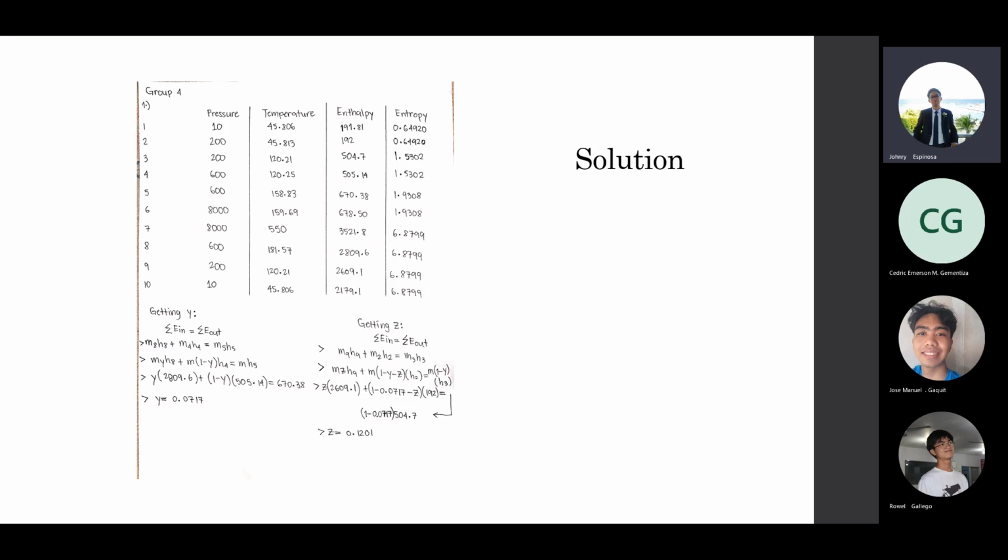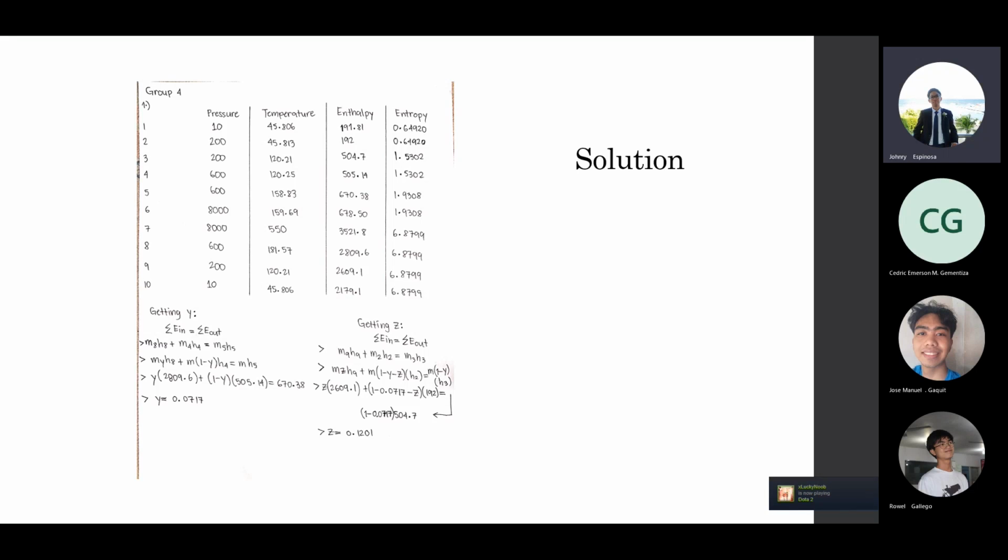Dividing this equation by m, we now have y times the enthalpy value of h8 plus 1 minus y times the enthalpy value of h4 equals the enthalpy of h5. And with this, we can now get our y value, which is 0.0717.